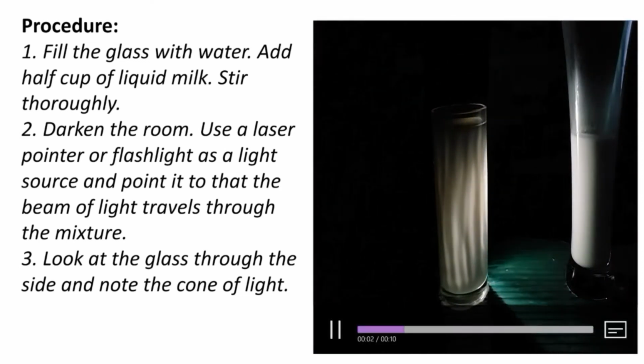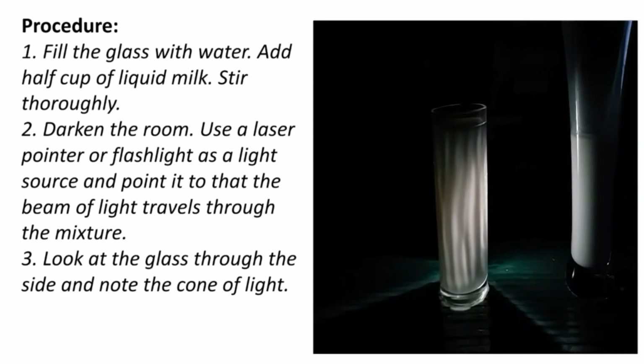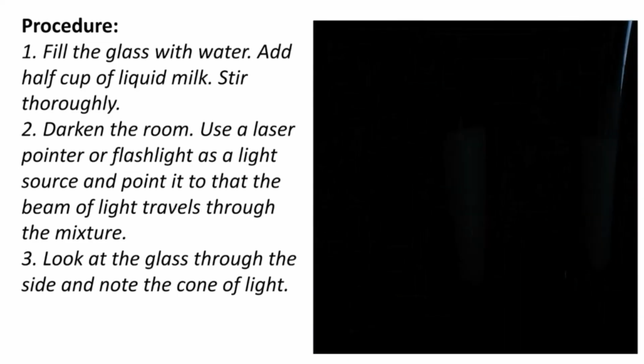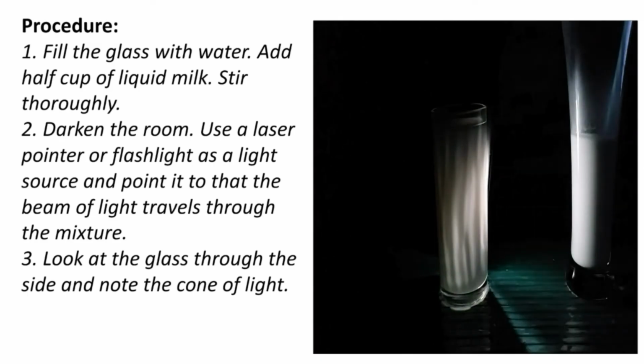Darken the room. Use a laser pointer or flashlight as a light source and point it so the beam of light travels through the mixture. Look at the glass from the side and note the cone of light.